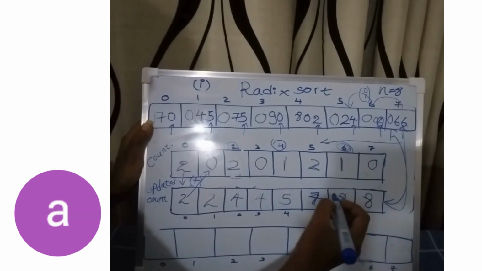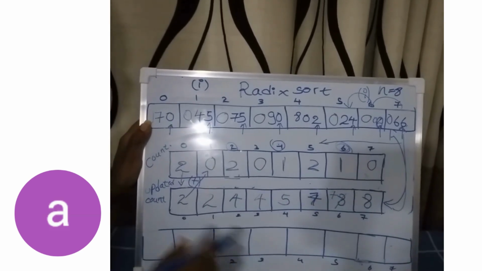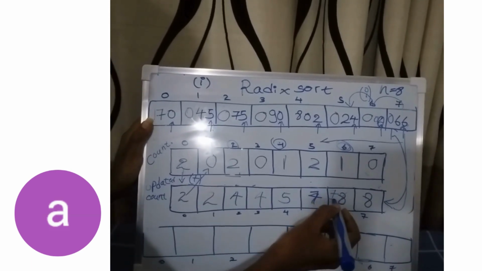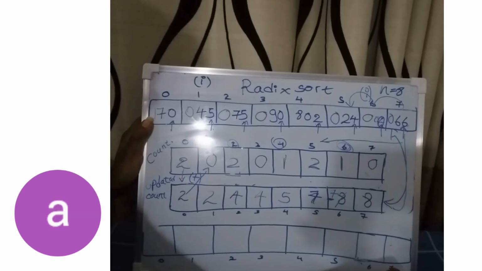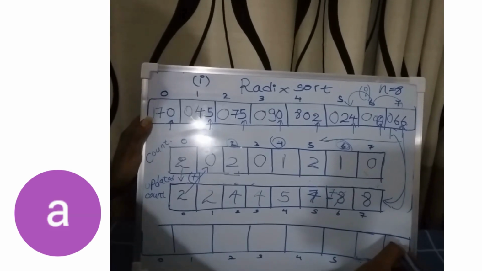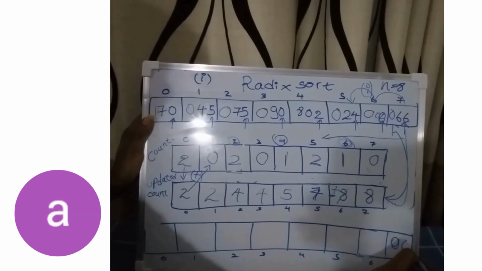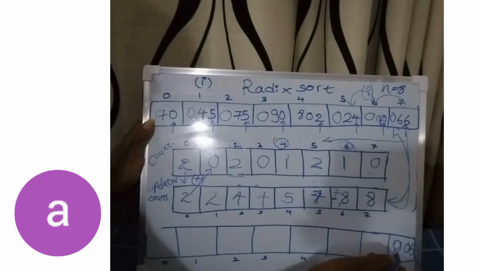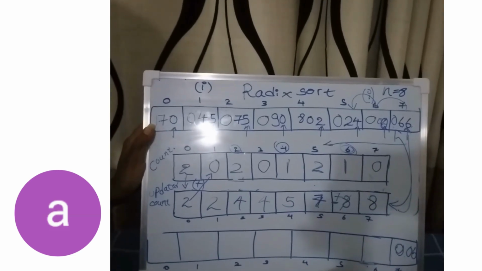So we check 6 in the sixth place, and in the updated count it is 8. Now 8 minus 1 equals 7. Then we put 066 into the seventh index.